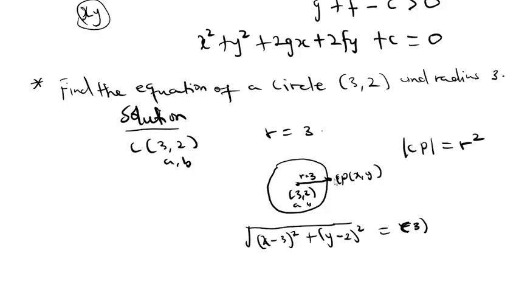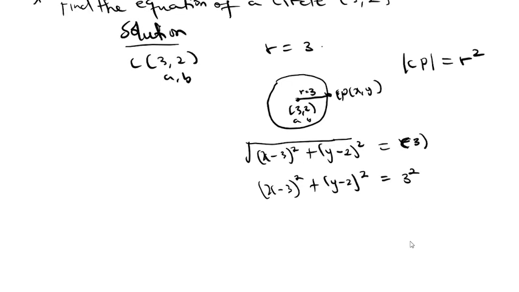So the distance from here to here is the same as the radius. Now to get rid of the square root, we square both sides, and this gives us (x minus 3) all squared plus (y minus 2) all squared equal to 3 squared.